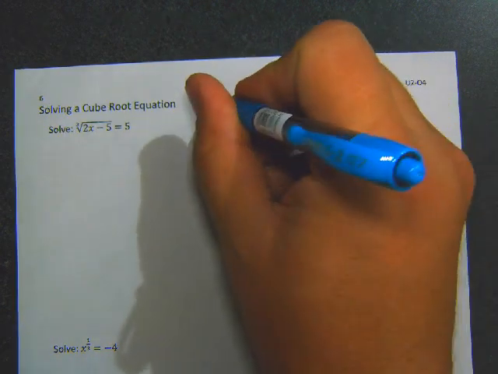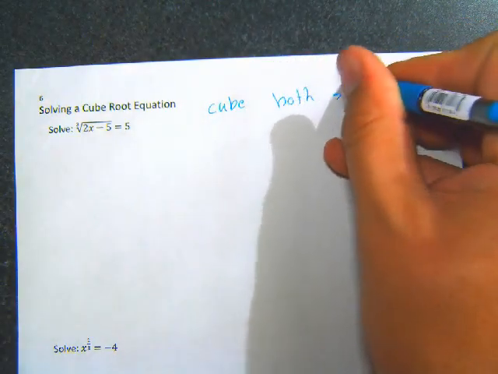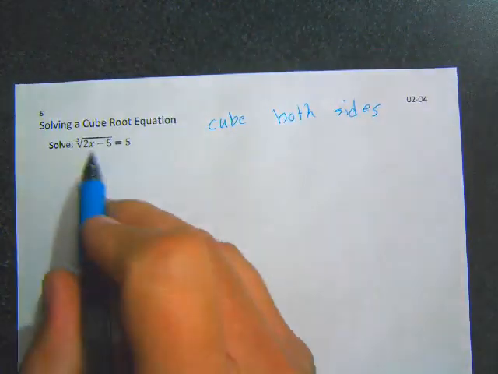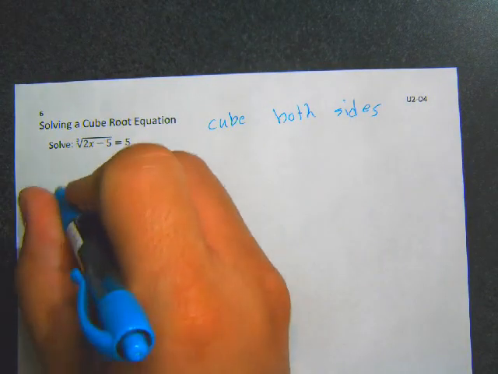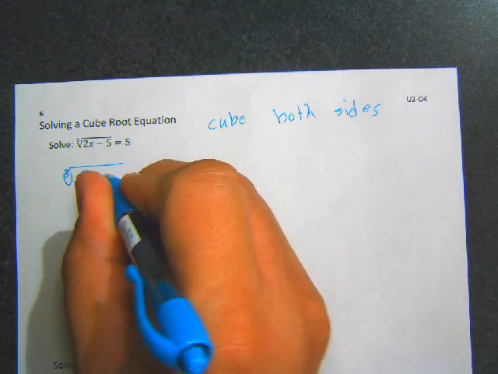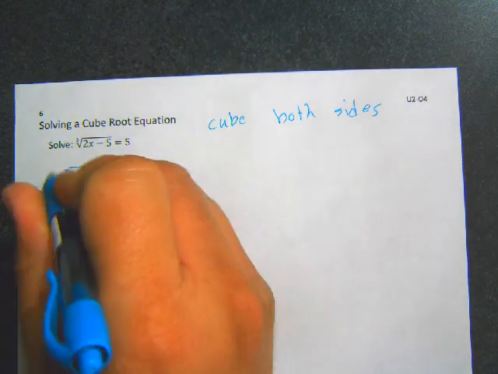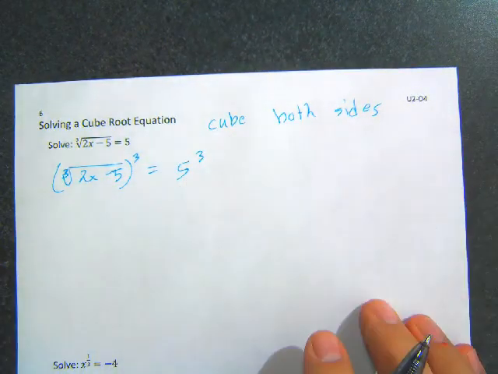So here we cube both sides. Just like we did with square roots, only instead of doing a second power, we do a third power. We take that cube root, that third root, and we cube it, because that's its opposite. So it's not too different, right?